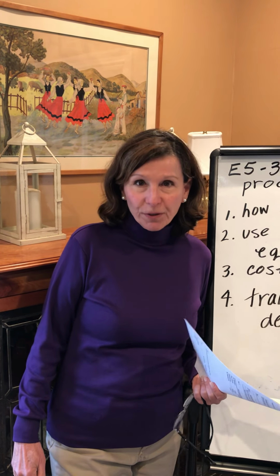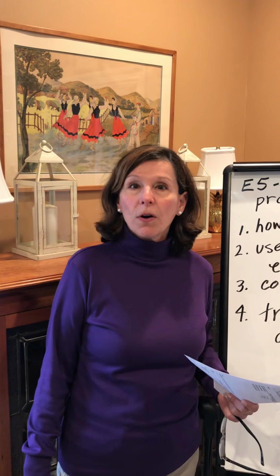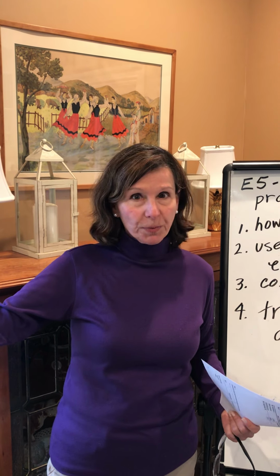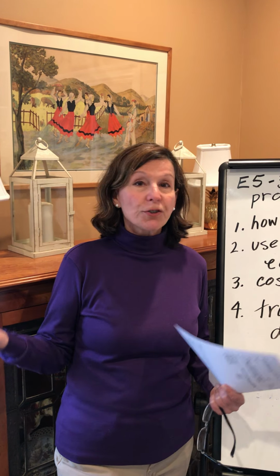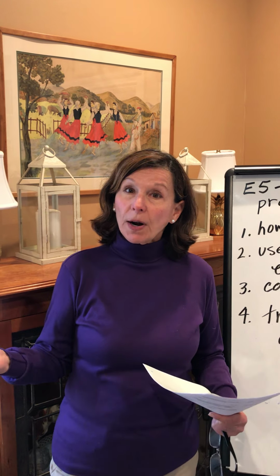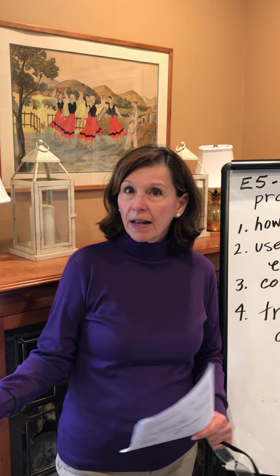This is chapter 5. So we have moved on, and this is process costing. If you remember way back before spring break, we talked about job order costing versus process costing. Companies that keep track of jobs and the costs, we've already discussed.